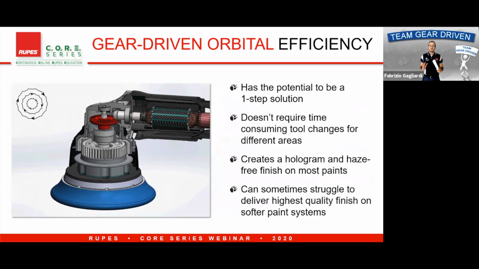Yes, Jason, you correctly said what's efficiency. Efficiency is how long do I take to make the job? And how long does it take to make the job if I'm using just one tool to do the whole car? I can use a gear-driven machine to work on the roof and on the bonnet and on the doors, just like I can use the same tool on the bumper and on the edges.